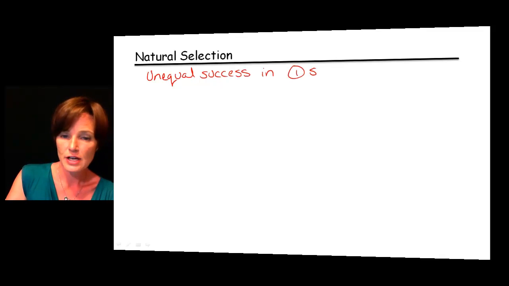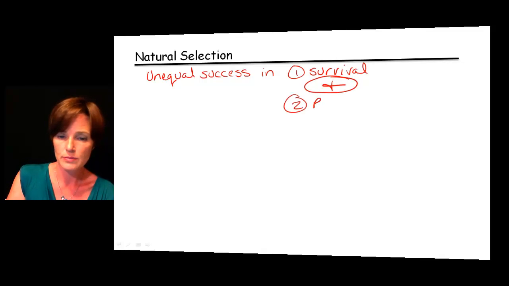We talk about natural selection. Natural selection is a big one here because natural selection is basically unequal success in two things: survival and, and this "and" is a big part of it, reproduction.